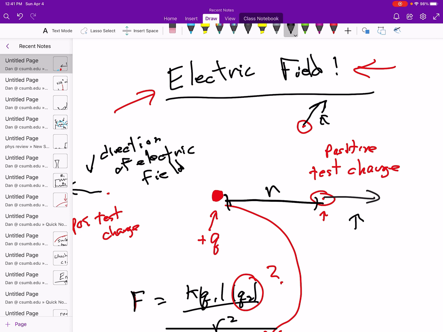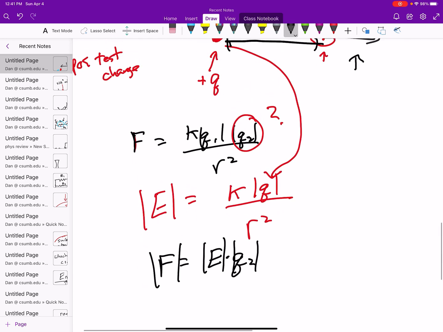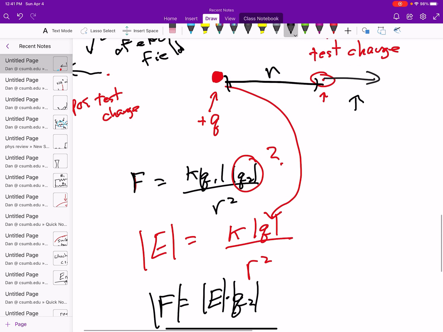It's the direction that a positive test charge would experience a force in. And the size of the electric field is simply kQ, where Q is the charge you're interested in, divided by the distance between that charge and the point you're interested in knowing the strength of the electric field at.